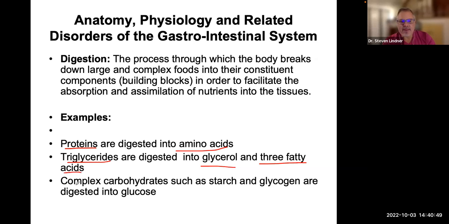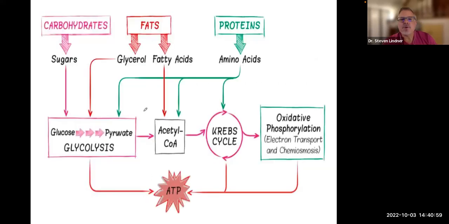And then the complex carbohydrates, such as starch and glycogen, are going to be digested and broken down into glucose. So when we look here on top at carbohydrates, fats, and proteins, the carbohydrates, we think of sugars, that's going to be broken down into glucose.